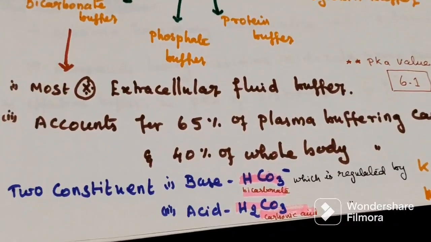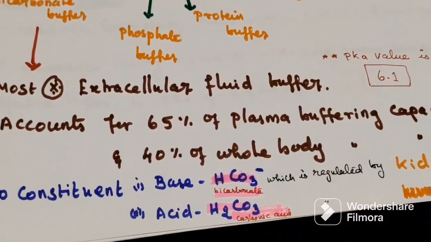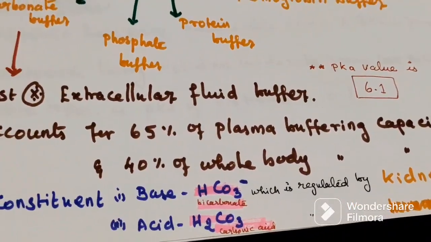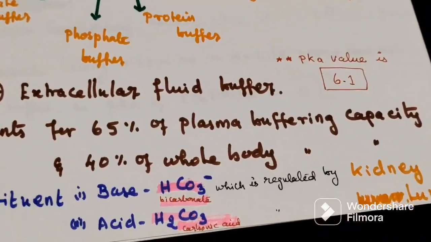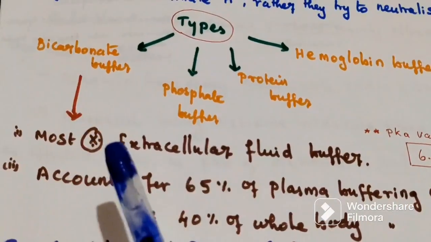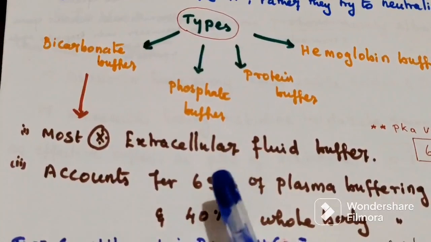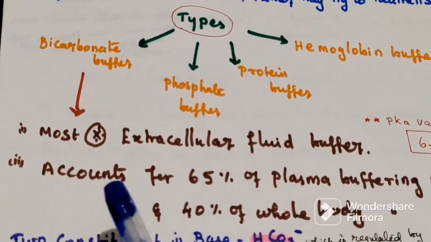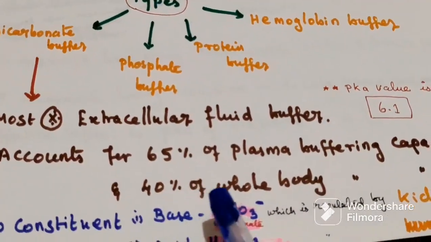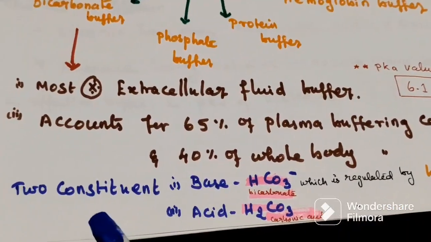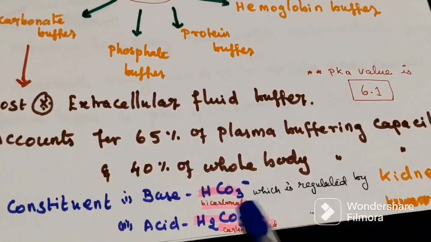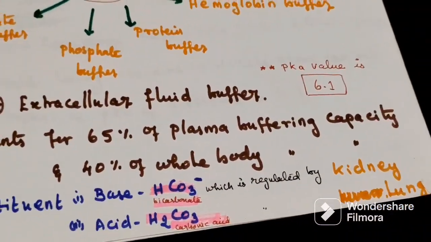It has two constituents: the base bicarbonate, which is regulated by the kidney, and the acid carbonic acid, which is regulated by our lungs.